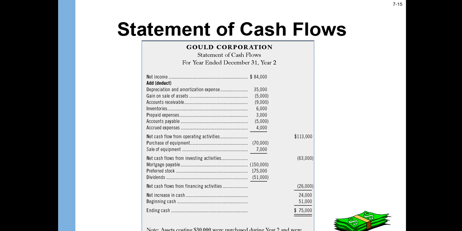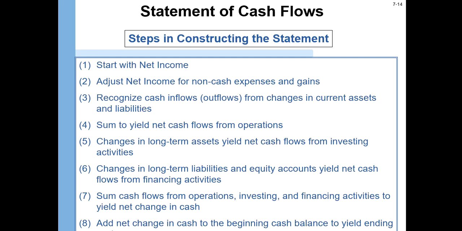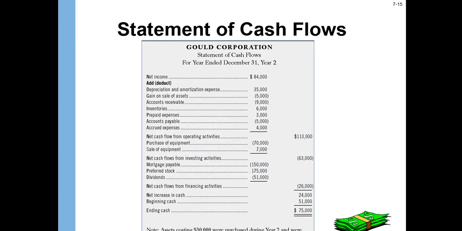Depreciation and amortization expenses $35,000. Then recognize cash inflows and outflows from changes in the current assets and liabilities. Receivables are current assets. Inventories are current assets as well. Prepaid expenses, accounts payable, and accrued expenses are $4,000. We end up with $113,000 over here.